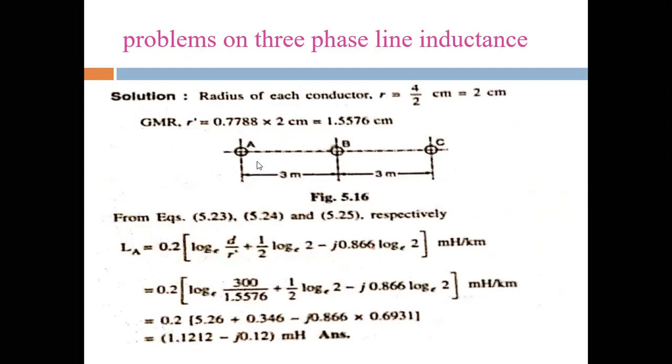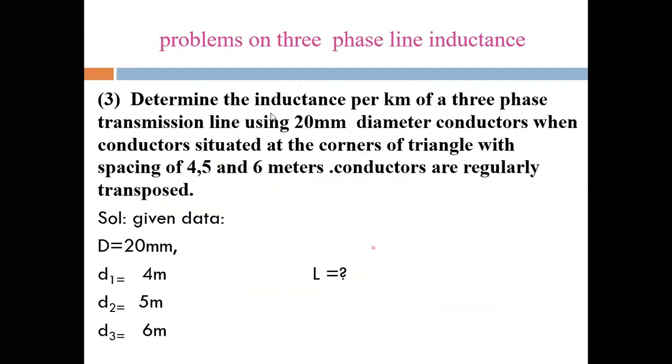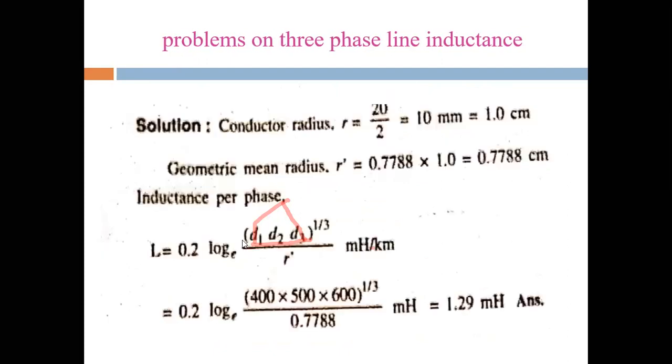Okay, now when the conductors are displaced in a triangular shape with unequal spacings, the formula for the inductance is 0.2 log e cube root of D1, D2, D3 by R dash.